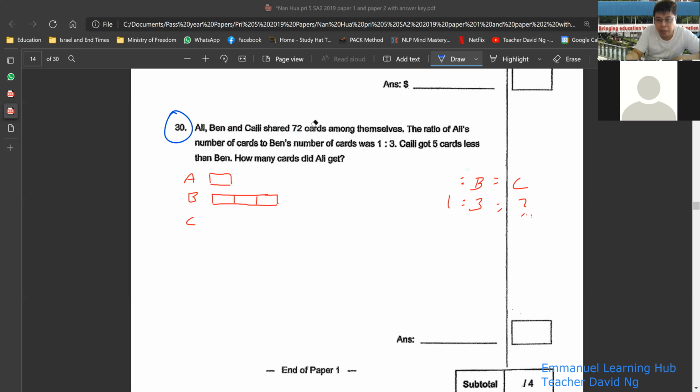Whereas for model drawing, it is actually a lot easier. Please do not see drawing a model as a big project when you do your paper. You do not need to use a ruler to draw all these boxes. You can use freehand. It's okay. Just make sure the box you draw really looks like a box. 1 unit, 2 units, and so on.